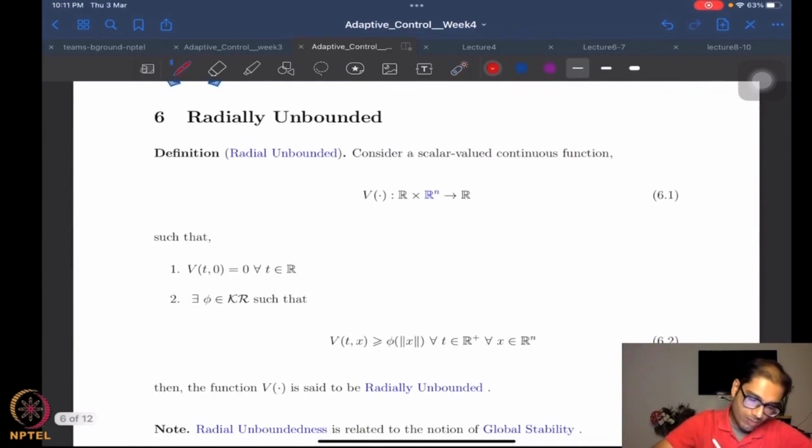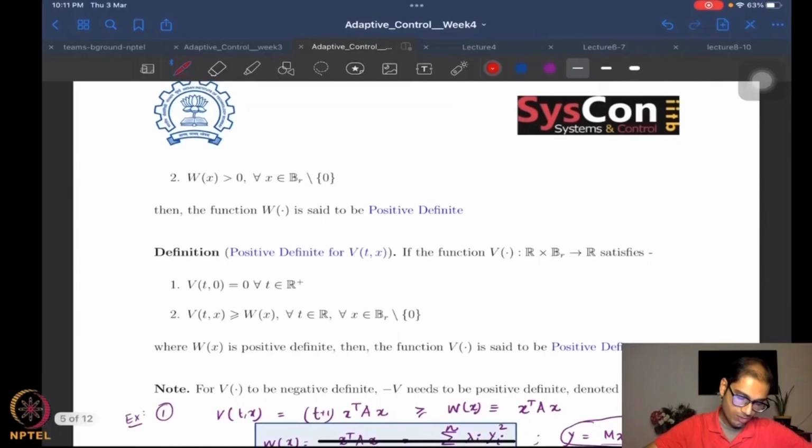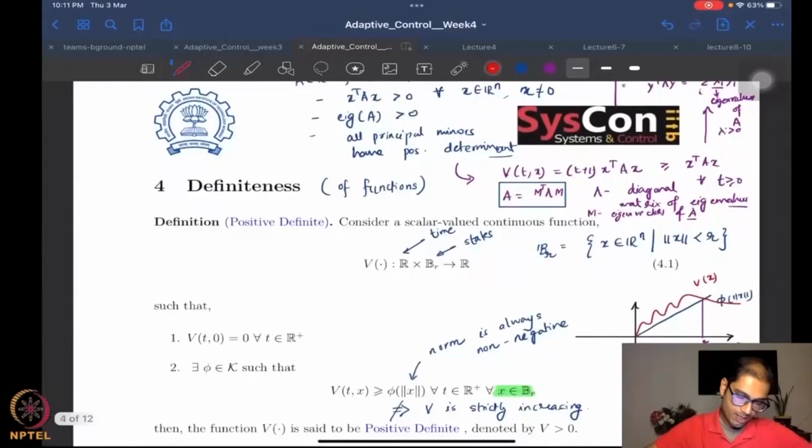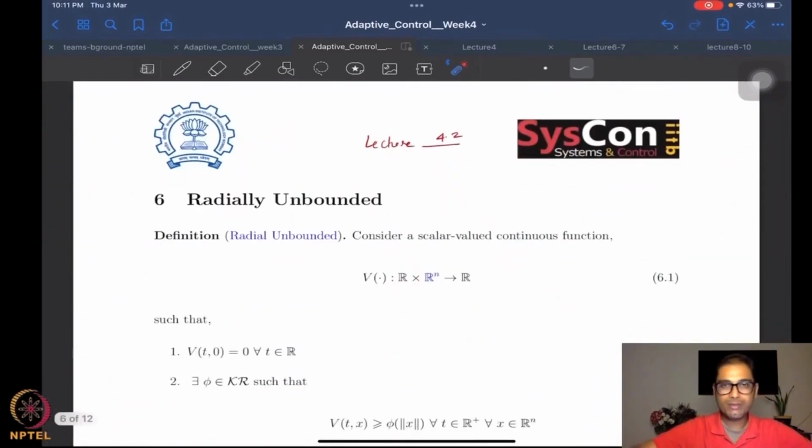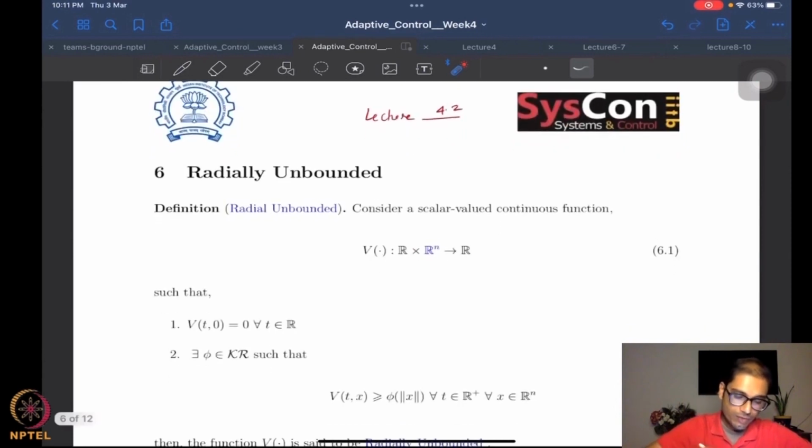Of course, this should be R; we were using R here, so I guess we can continue to use R, although R plus would suffice in all these cases. Non-negative reals for time is usually what we have, right? So we are looking at a function of time and a space variable which maps to real numbers.